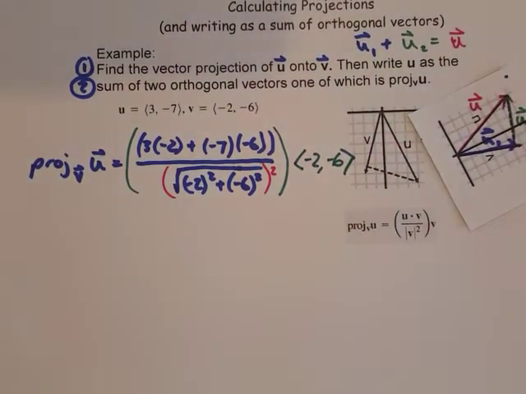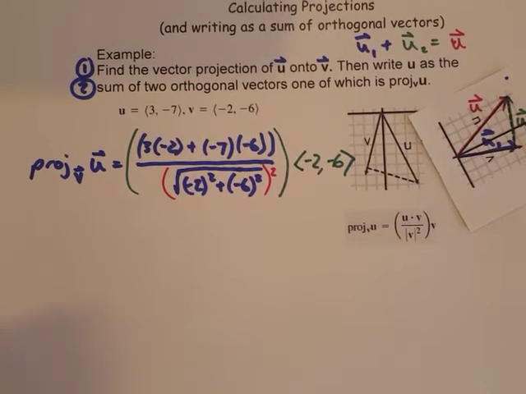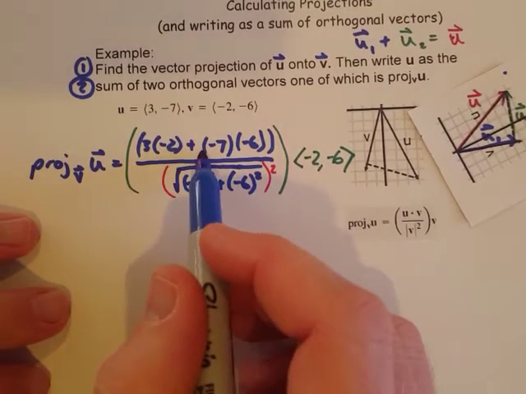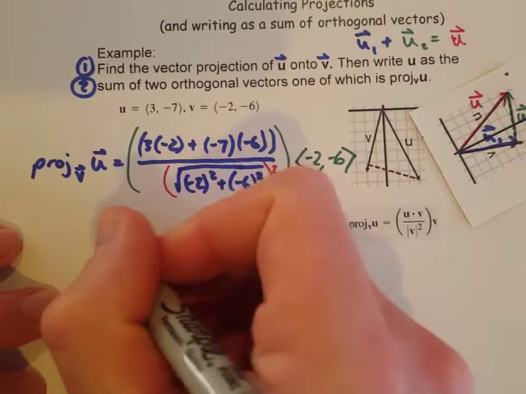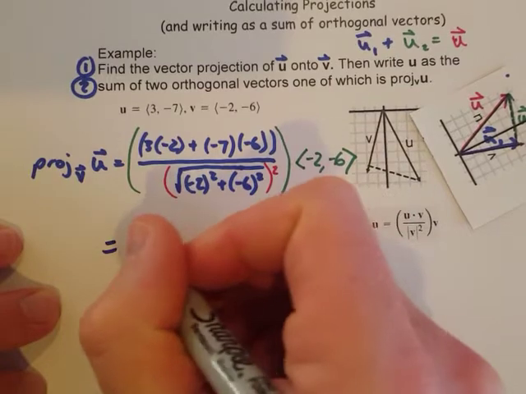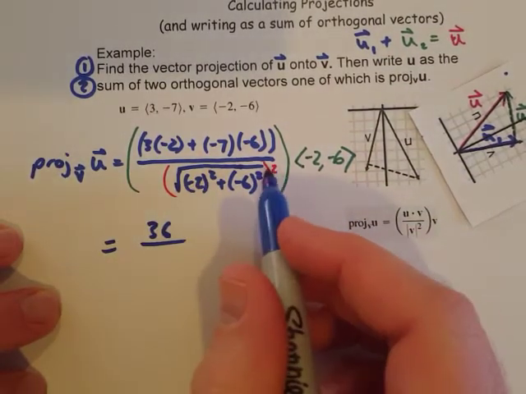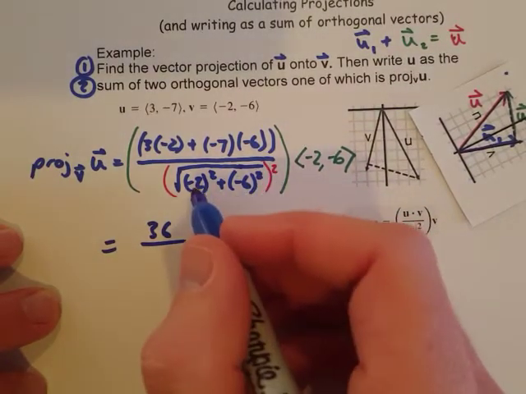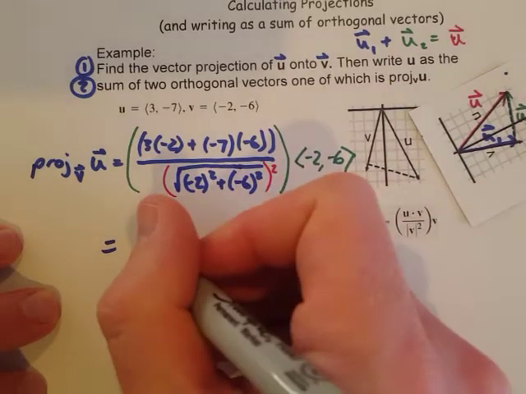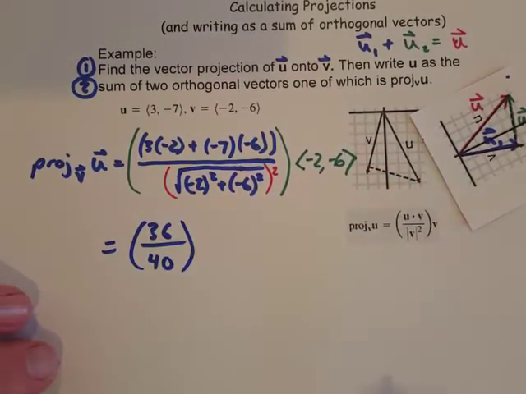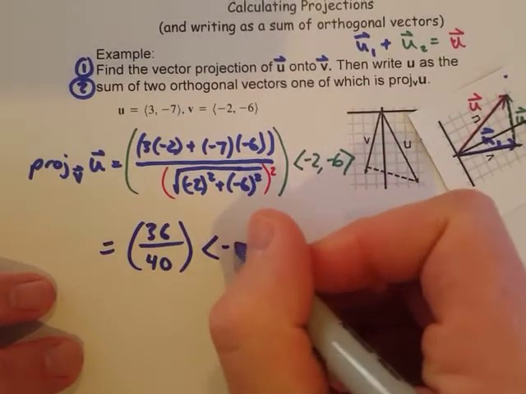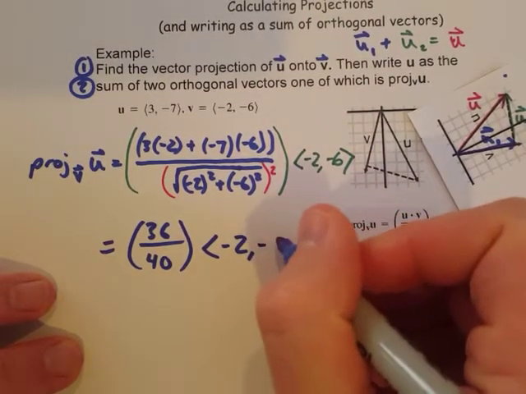So it's a lot of stuff to start off with, but we're going to simplify a piece at a time. On the top here you've got negative 6 plus 42, so that's going to be 36. On the bottom of the fraction, the square root and the square undo each other, so we've got 4 plus 36, and so that is 40. So that all just boils down to a fraction 36 over 40 times negative 2, negative 6.